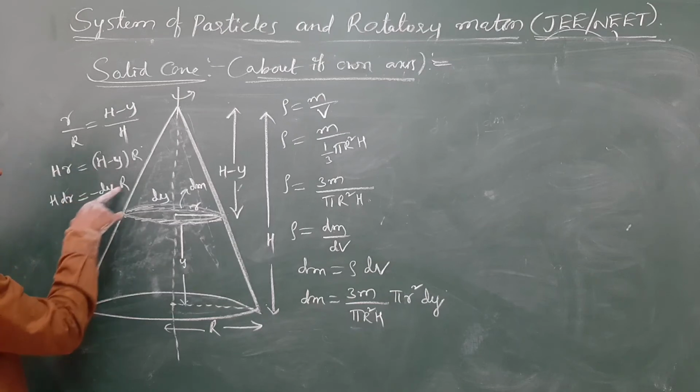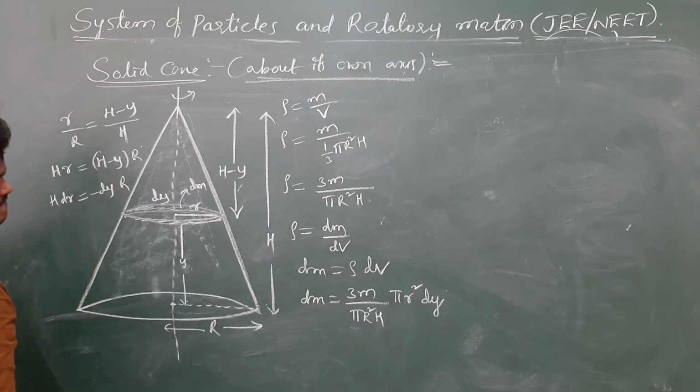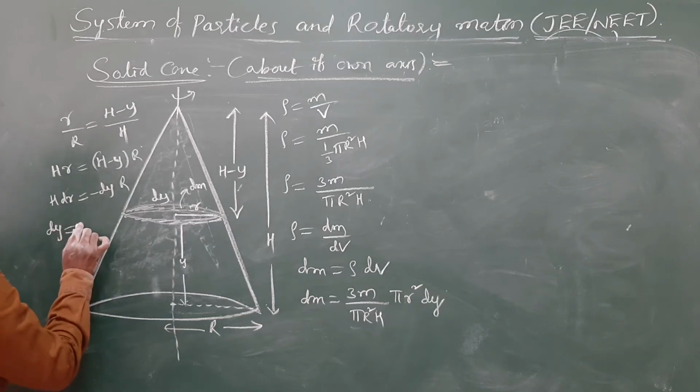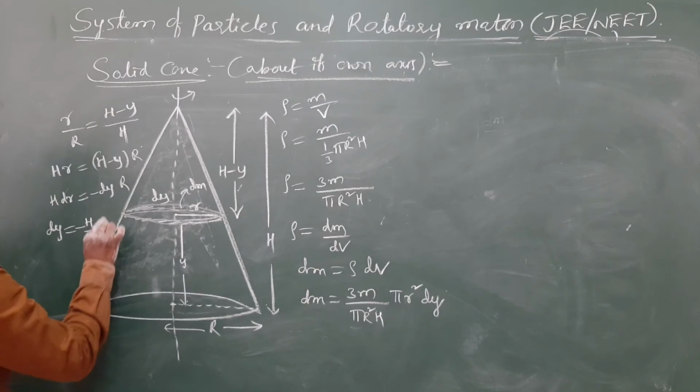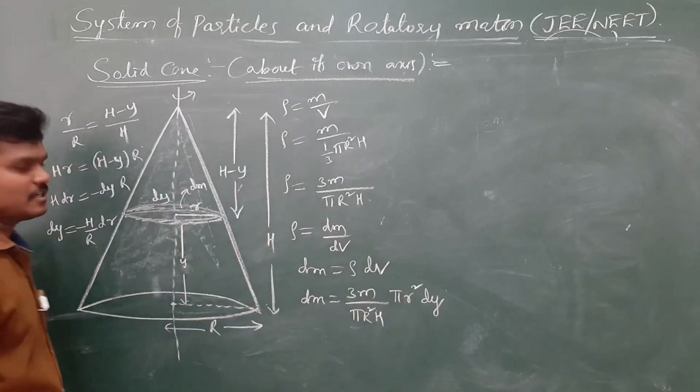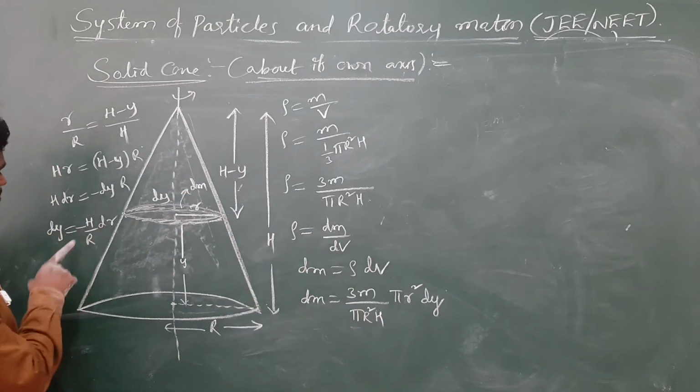So minus dy into r. So dy is equal to minus h by capital R dr. If I substitute dy in terms of dr, you will get the answer. So dy is equal to minus h by r dr.